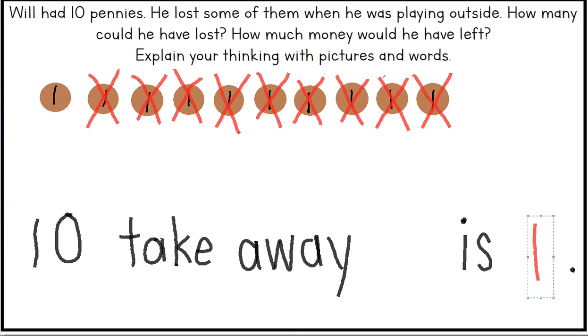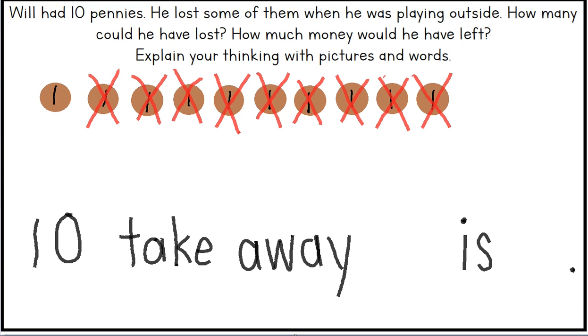And you know what? It says he lost some of them. Now this is where it gets tricky. It doesn't say he lost all of them. It says he lost some of them. Okay? So I don't think that we can really say that he lost all 10, because then I think the problem would have told us that he lost all of them.